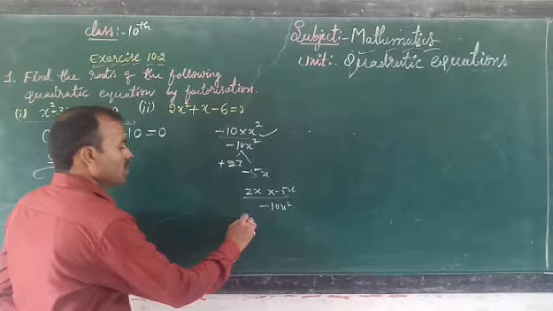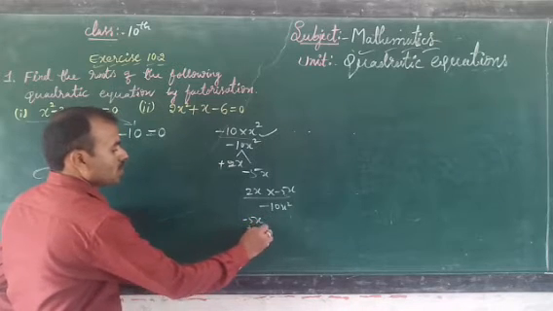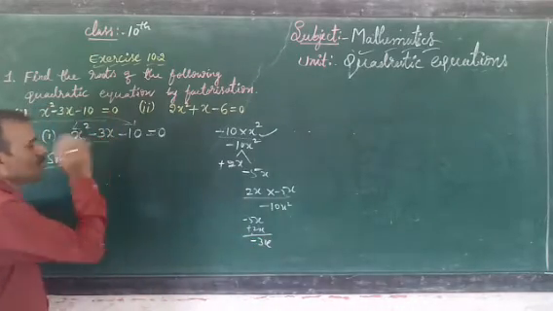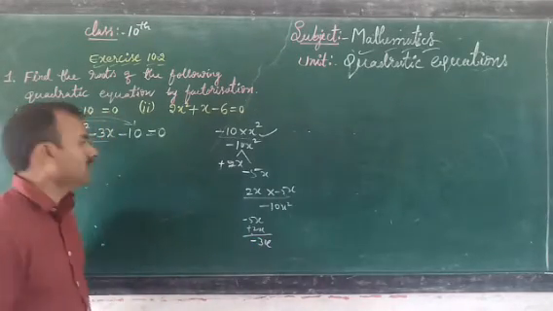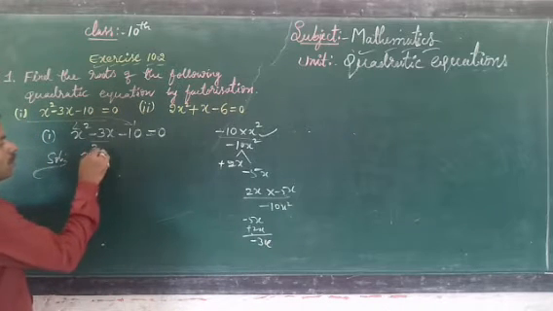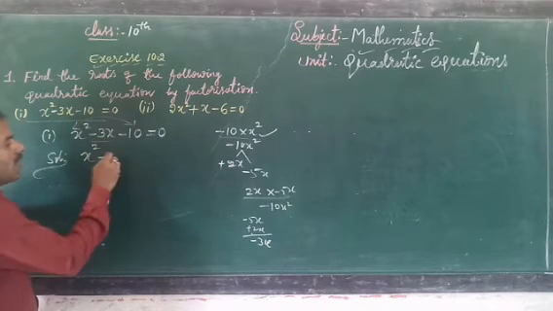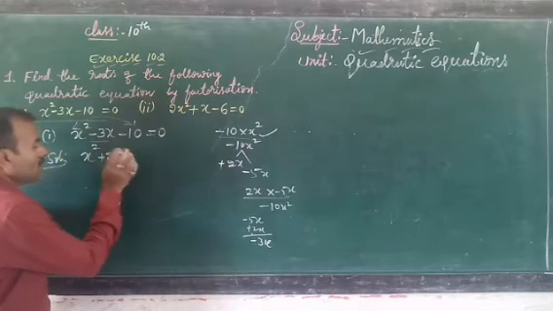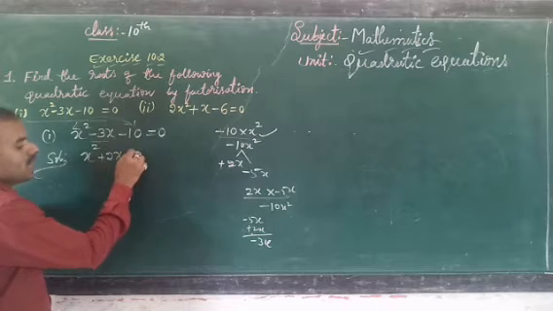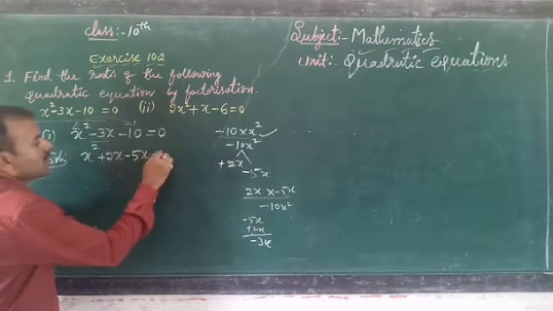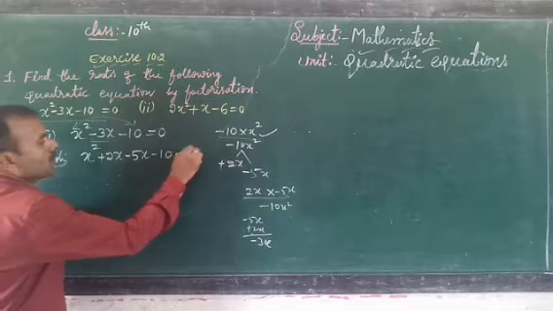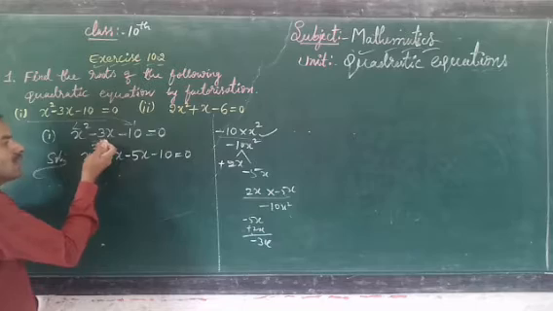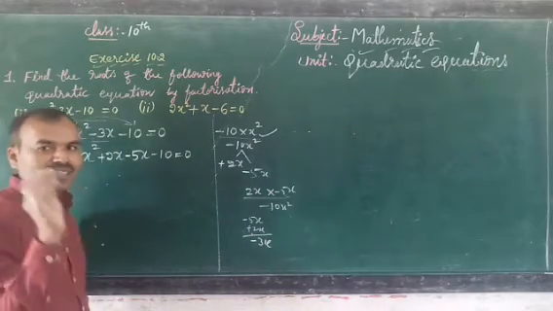If we add minus 5x and plus 2x, we get minus 3x. The middle term is minus 3x. So x square, instead of minus 3x, I write plus 2x minus 5x minus 10 equals 0. Plus 2x minus 5x is nothing but minus 3x. There is no change.